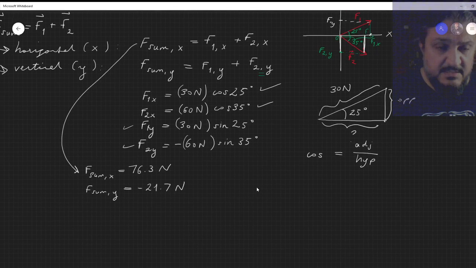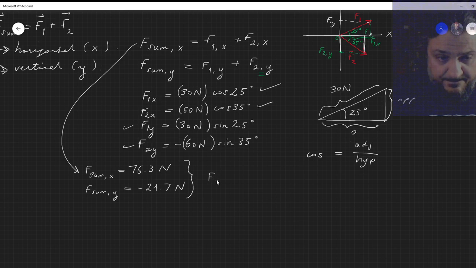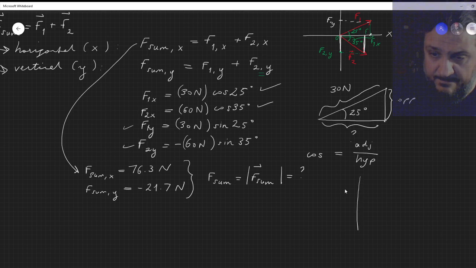Okay. Now how do I go from here to the actual length of F sum, which I want to find? Well, this is what I have now. This is the x, this is y. This is the vector.